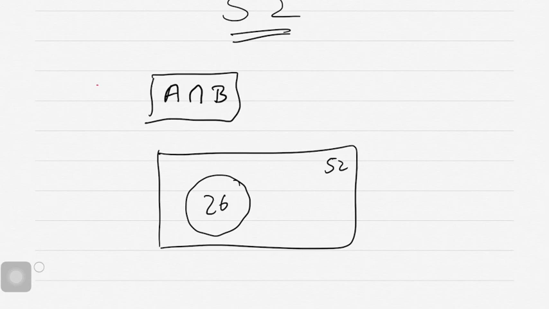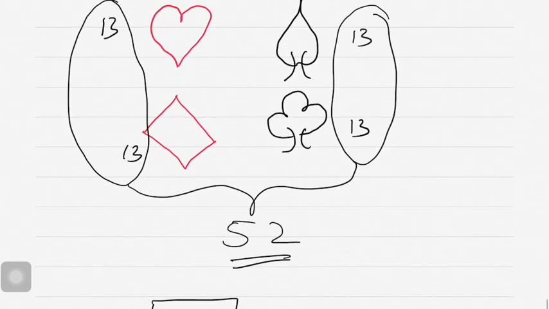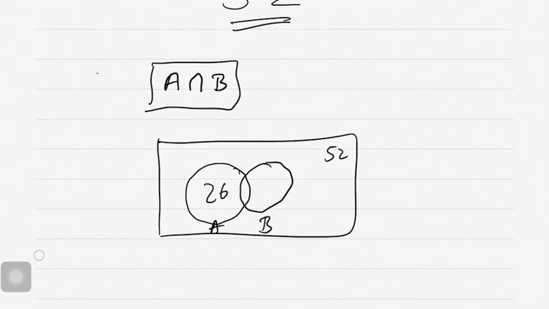My event B is, suppose, to select an ace. How many aces are there? In one pack of cards, there are 4 aces: ace of spade, ace of club, ace of heart, and ace of diamond.